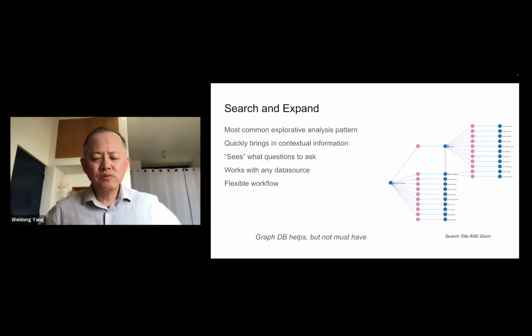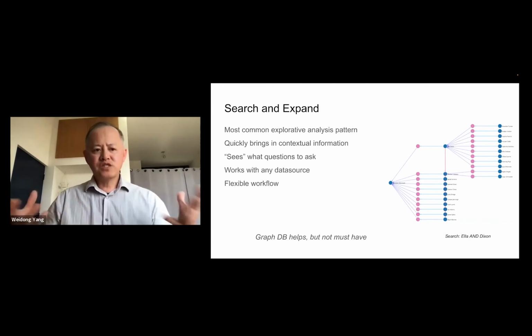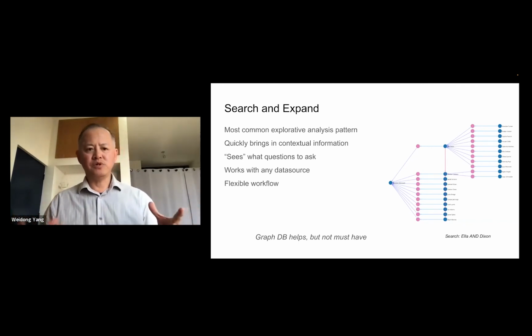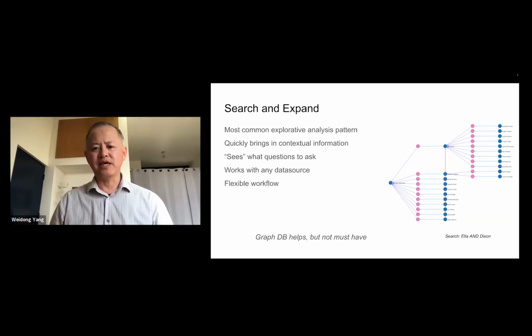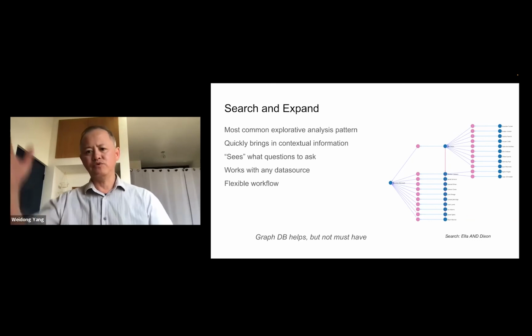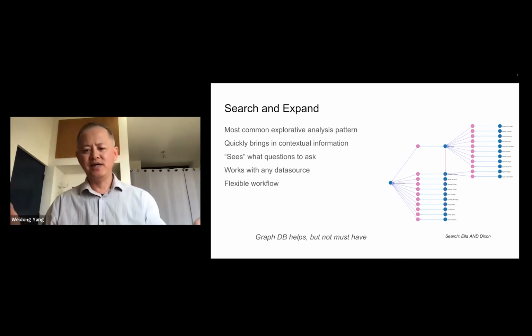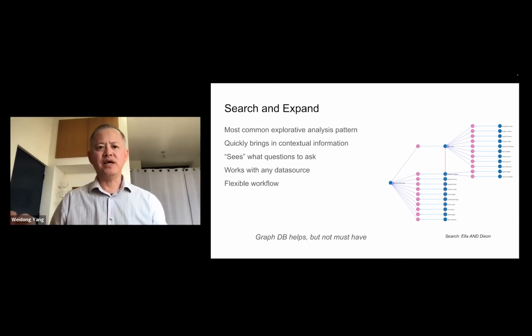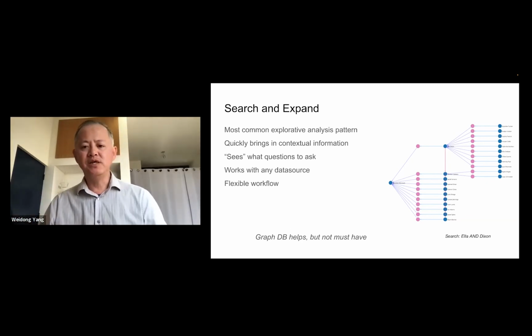So what we found out is that the most common exploratory analysis activities can be conducted by simple search, where you pull somebody and expand. You can say, hey, I want to expand multiple steps.